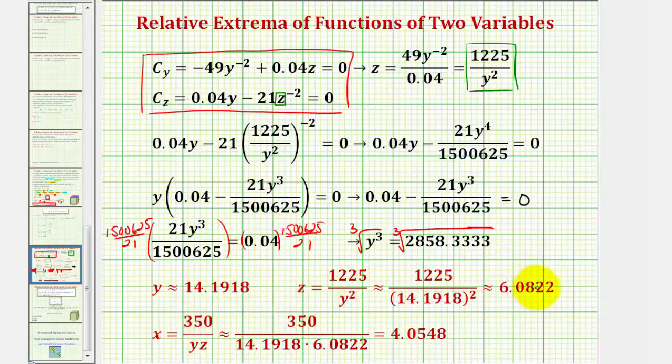We don't need it right now, but I went ahead and found the corresponding x value as well using our volume formula solved for x. So x would be approximately 4.0548. Because we only have one critical point, we can probably assume this point is going to minimize the cost function, but to verify this, we'll go ahead and use the critical point and the second order partial derivatives just to make sure.